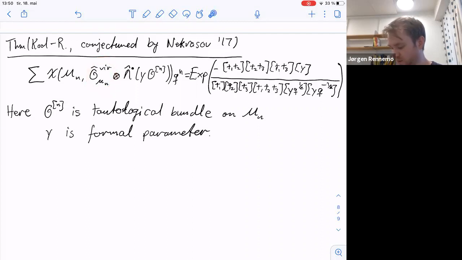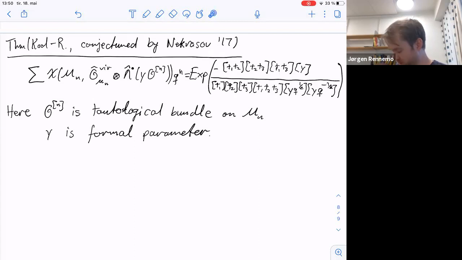We have to tensor it by something else, so it's not terribly important. So you're tensoring with, here, this thing is the so-called tautological bundle on M_n, and y is a formal parameter. And y is just a labeling parameter, the same way q is a generating function labeling parameter, and you end up with a very similar formula to what you had in the 3D case.